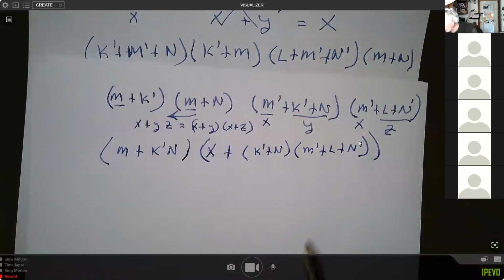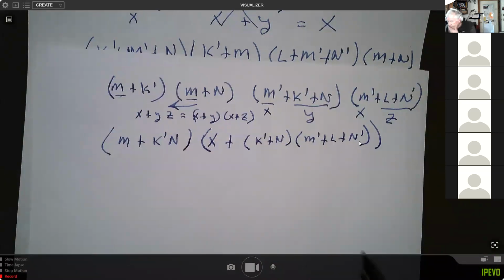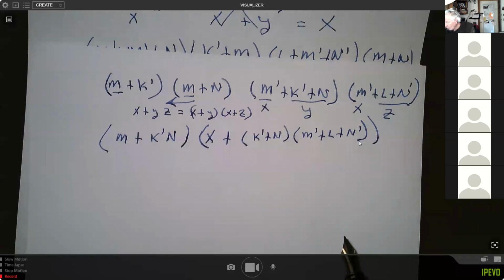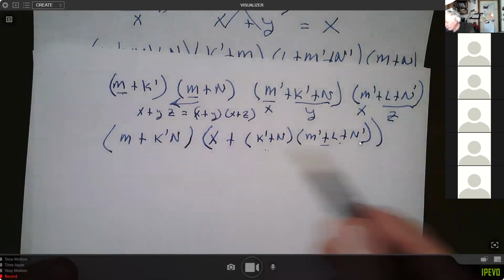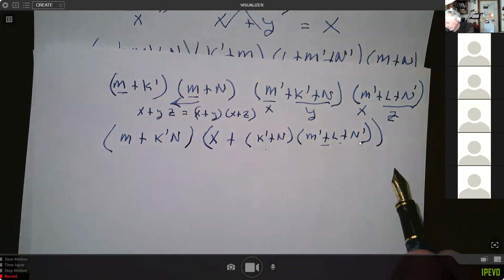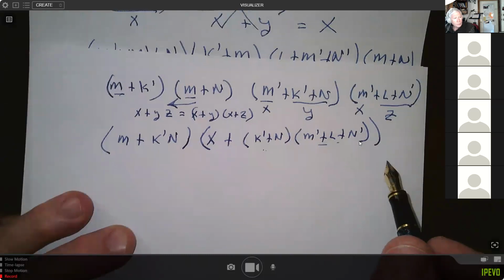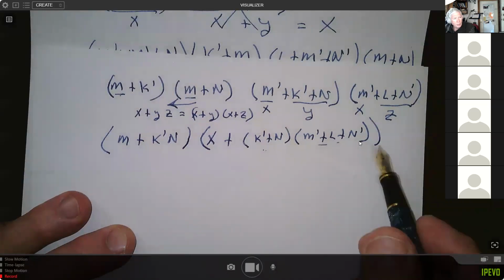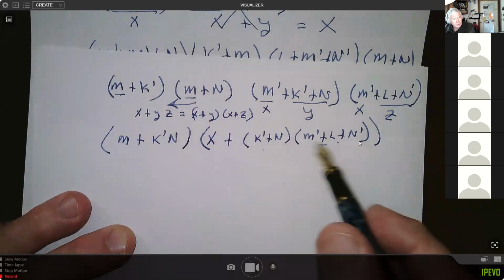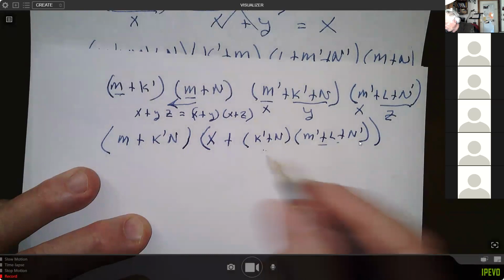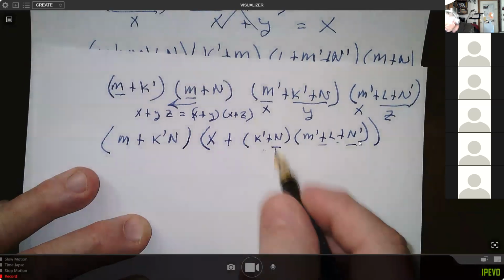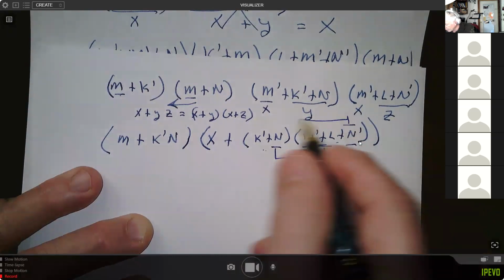All right, now what do you want to do? Well, we probably need to do something with this, right? What might we be able to do with this situation here? It looks like we have an N and an N prime. So we could use the second distributive law, I'm sorry, the multiplying and factoring, C3, the third conversion rule. We have an N and an N prime, so we can take the N with this, and the N prime we can take with this.